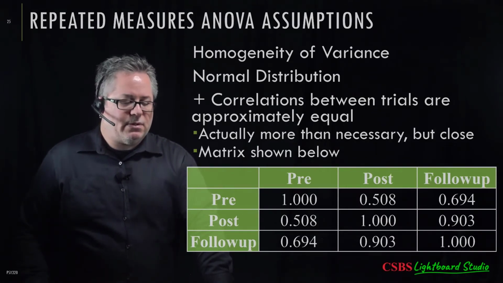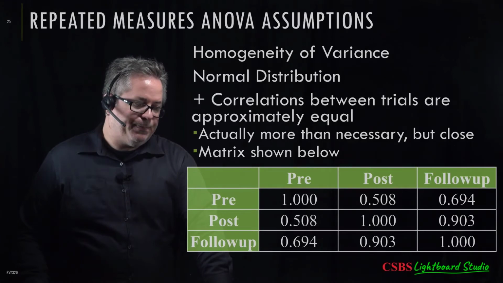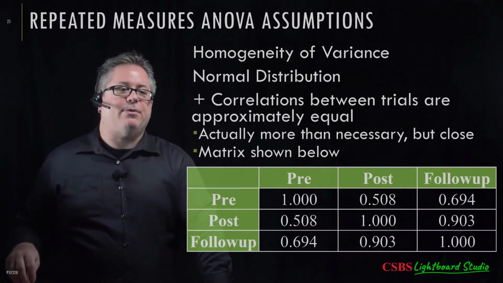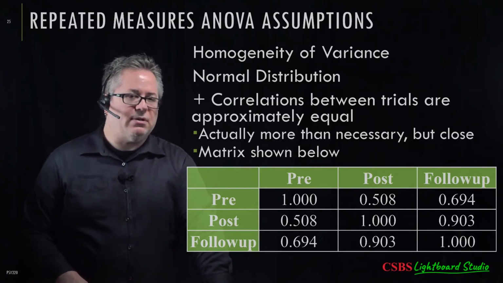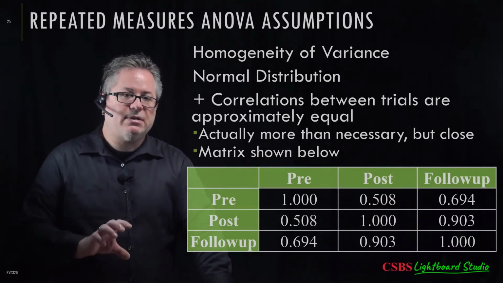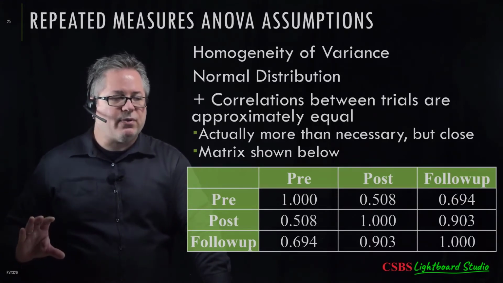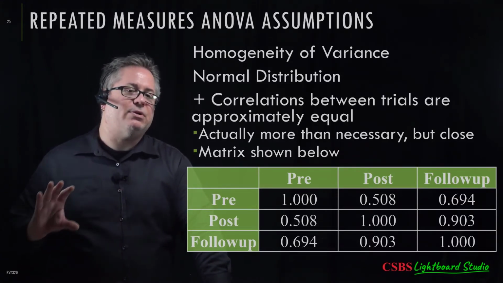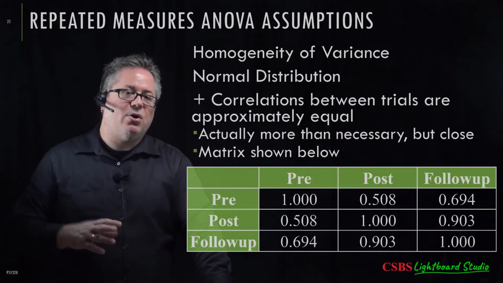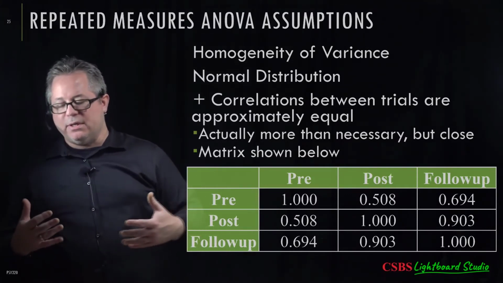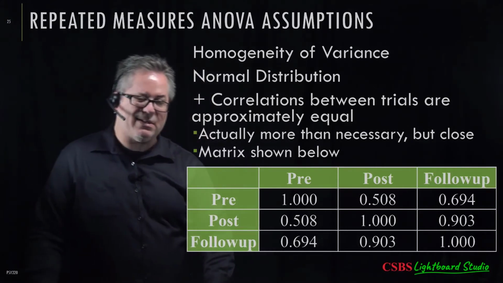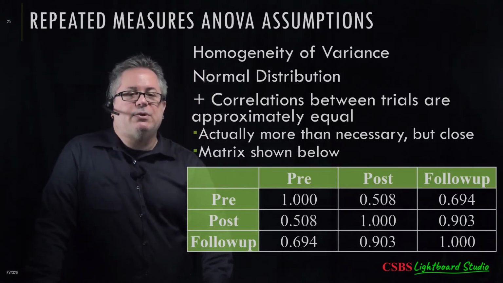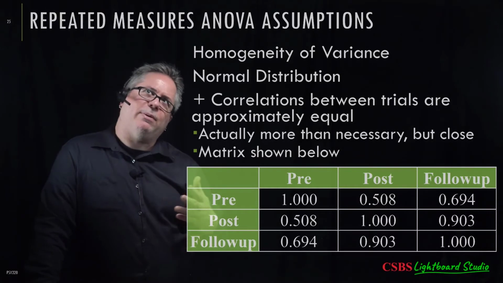Now the reason for this, at least one way of thinking about it, is if we want to look at how the means change across time, well, nothing else should really be changing. The variances should stay consistent, and the degree of relationships between the time points should stay consistent, or else if everything is changing, comparing the means to one another becomes less conclusive, because the means are changing, but so are the variances, and so are the correlations.